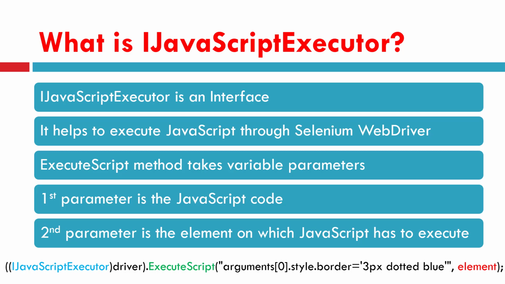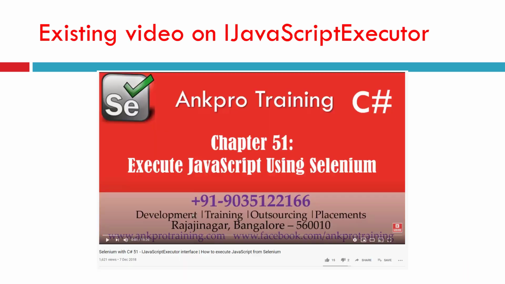It is a click action, or a value change if it's an input element. Whenever that action happens, we are going to make that element highlighted. To learn what IJavaScriptExecutor is, I recommend you follow chapter 51 in our C# Selenium series, which is about executing JavaScript using Selenium.